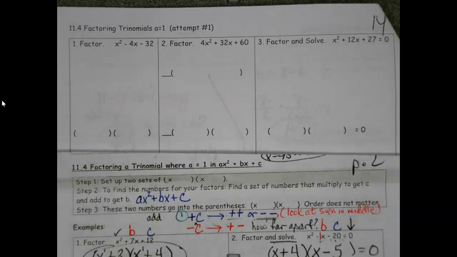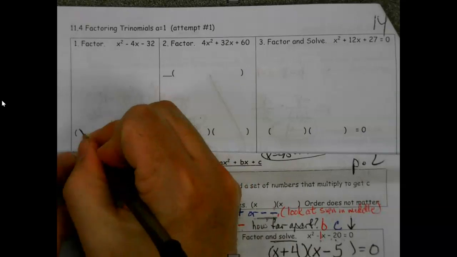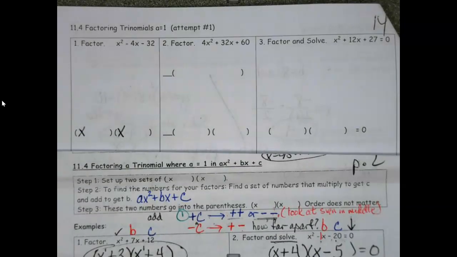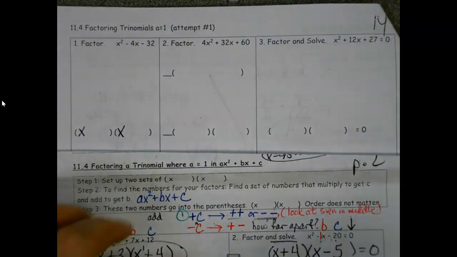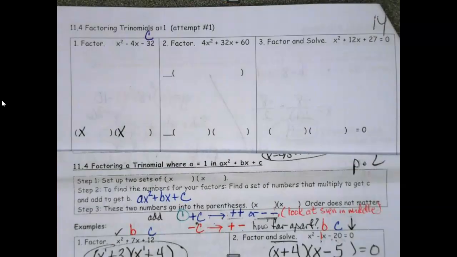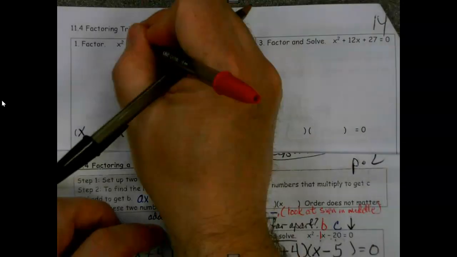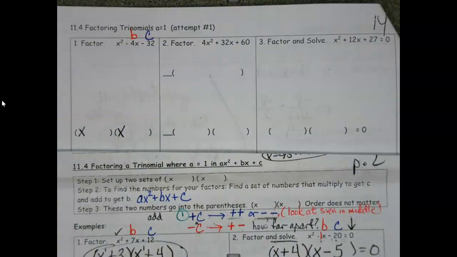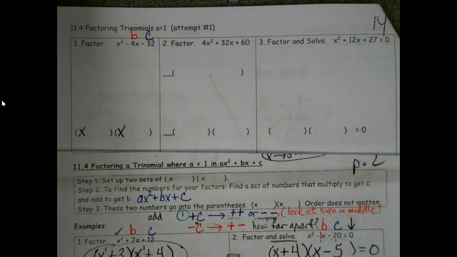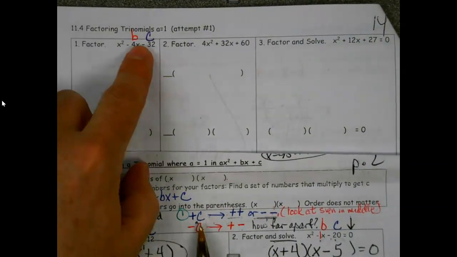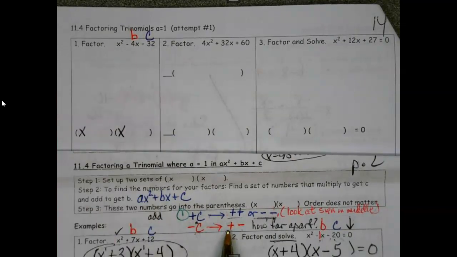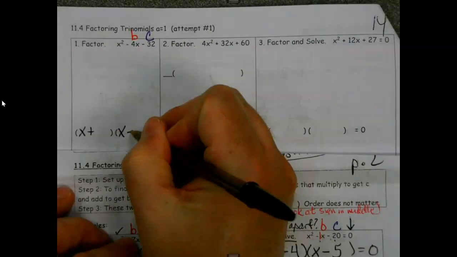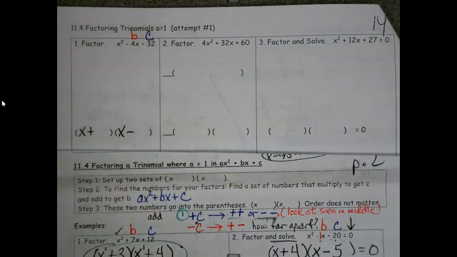So when I get here, okay, I got my X and my X. Reminders here. Here's C. Here's B. If C is negative, I got one of each sign, literally telling me. So we're good there. So I'm going to go to my 32 box, or I'm going to use my brain here. It doesn't matter.